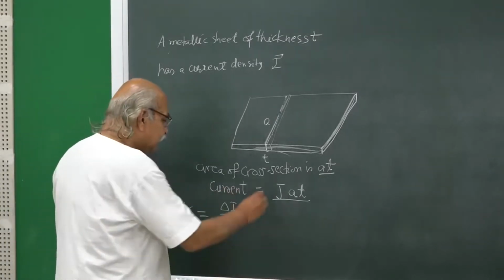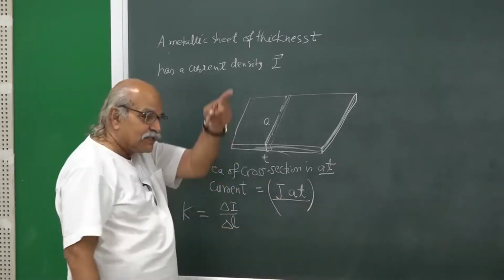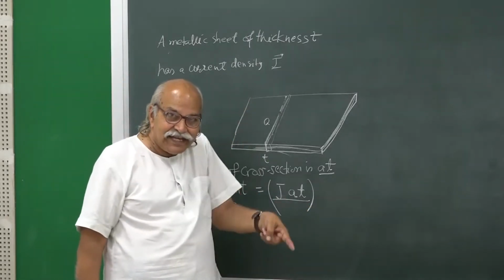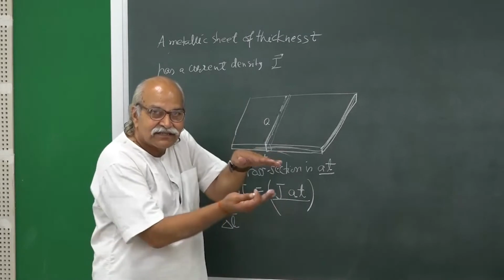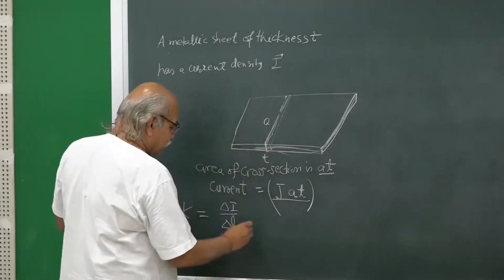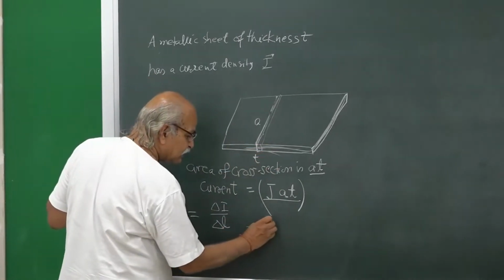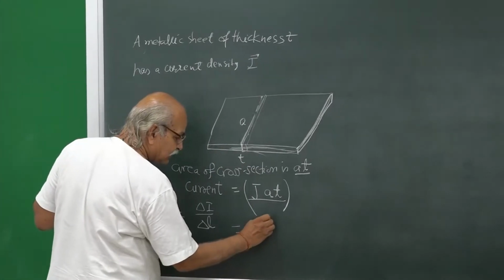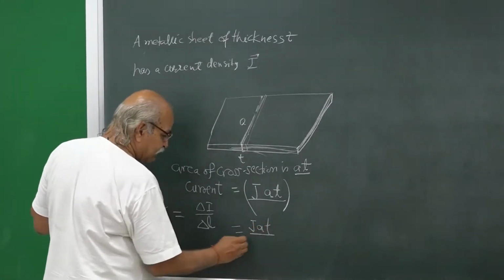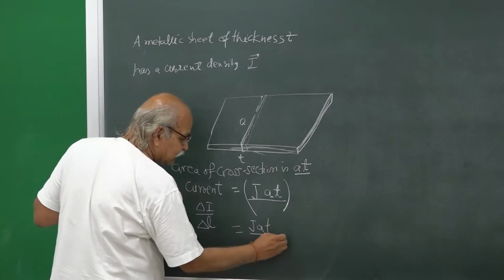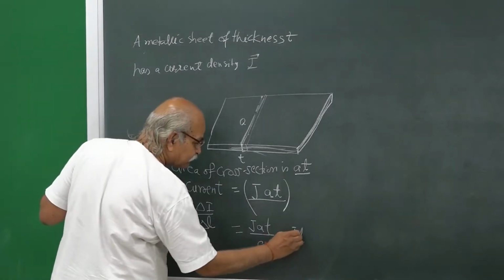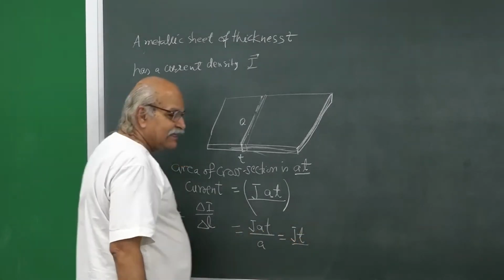Here the current crossing this length A, small a, because T we are just squeezing, will be J into A into T, and then divided by the length, which is A. So it is J times T.